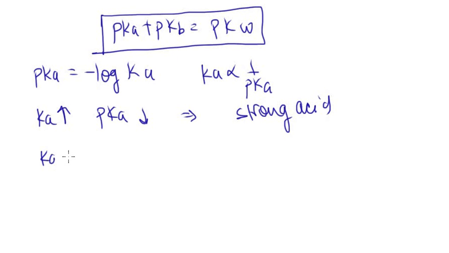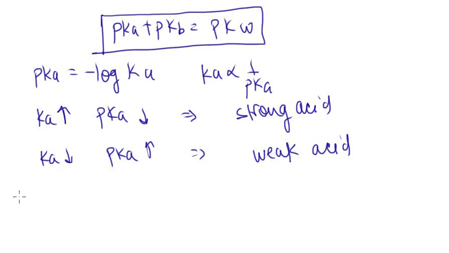When Ka decreases, pKa increases, and that is called a weak acid. So if the pKa of an acid is higher, it is a weaker acid.